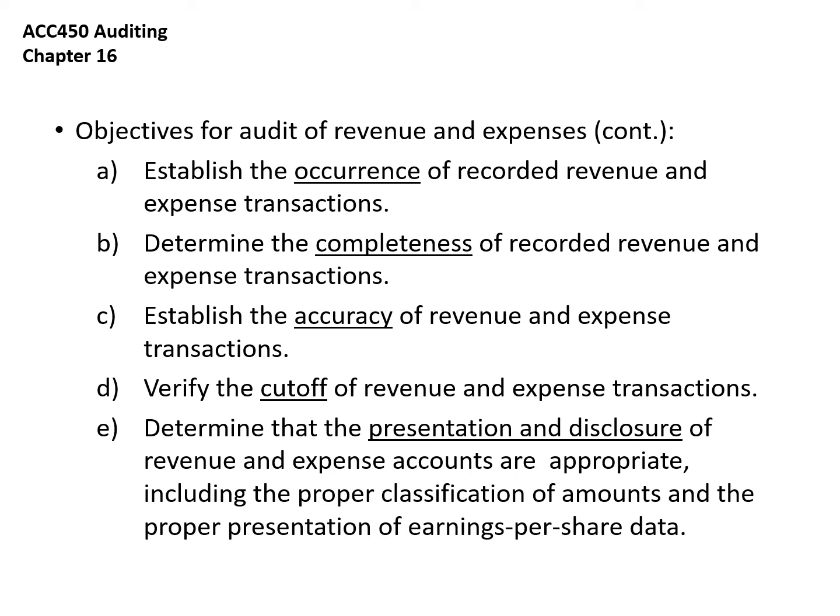So there could be distortions in the story that the financial statements tell with regard to miscategorization of expenses or misclassification, to use a word in the lecture notes here. And then making sure that the earnings per share information that's required to appear on the financial statements is correct and the math is correct and so forth.